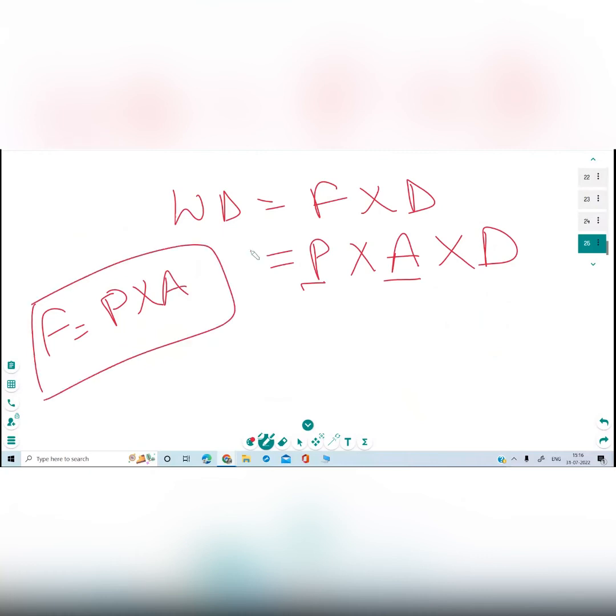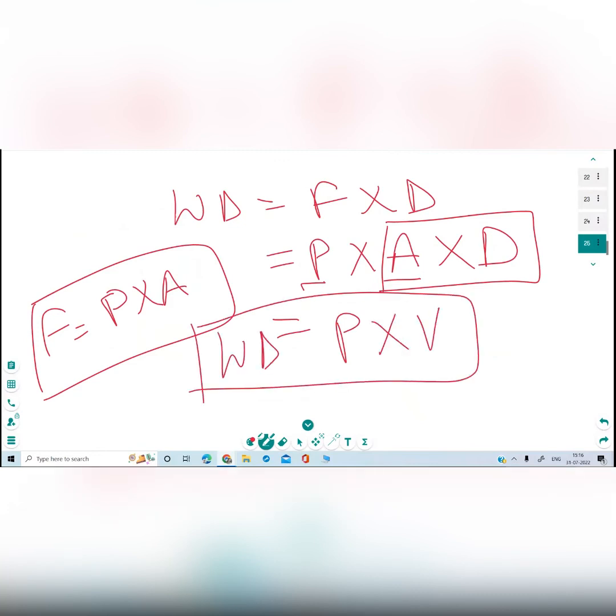I'm just telling why I came to PV. When you write it like this, area into this displacement is volume. So P into V, and that's how work done equal to PV comes. I told you the derivation of this.